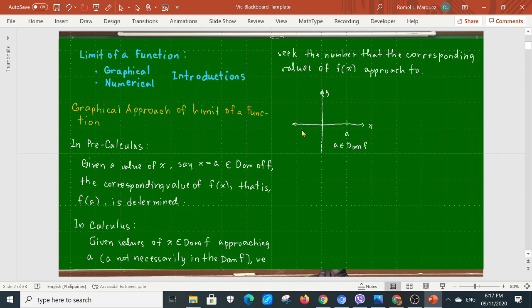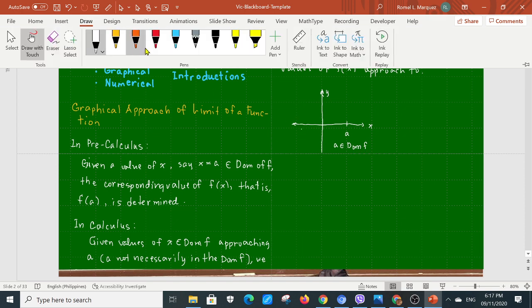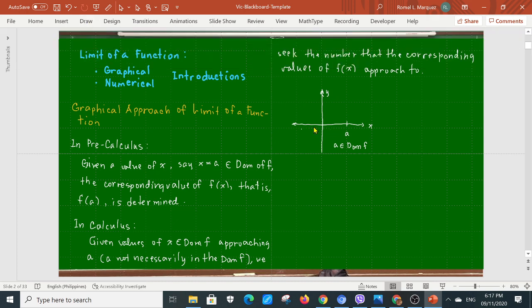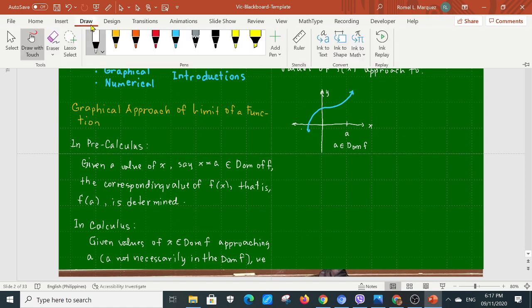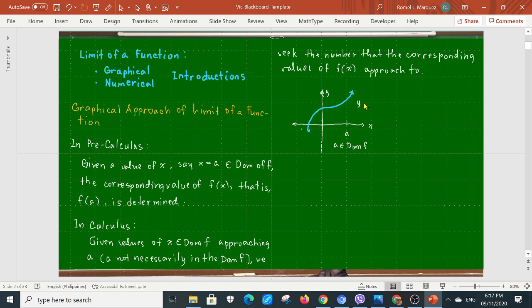So it's like you have this graph, for instance. Let's say that is the graph of the function, so this is my y equals f of x. And this is where we are concerned. Our concern is on this point.